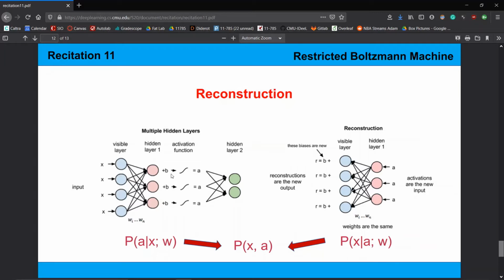In reconstruction, we want to estimate X based on activations, and we want to combine them to get joint distributions. In the forward pass, we have the probability of activations given X and W. But in the reconstruction, we want to get the inputs, so we have the probability of the inputs given the activations and the weights. We could form this joint distribution, and let's assume both distributions follow some normal curves.